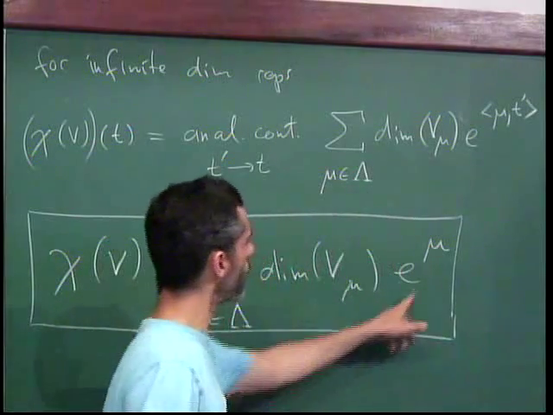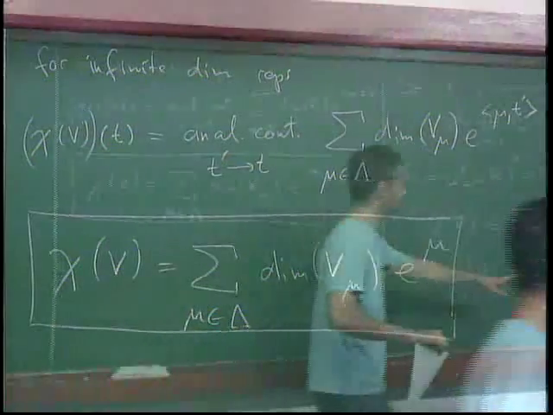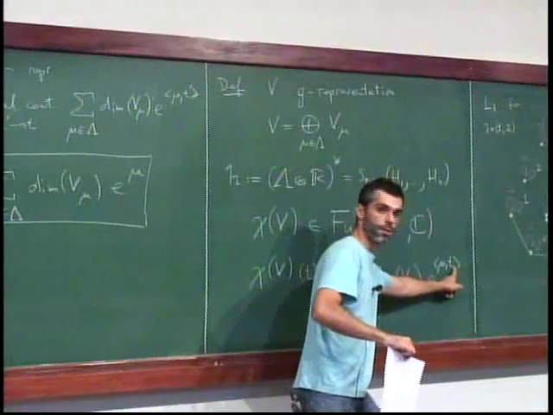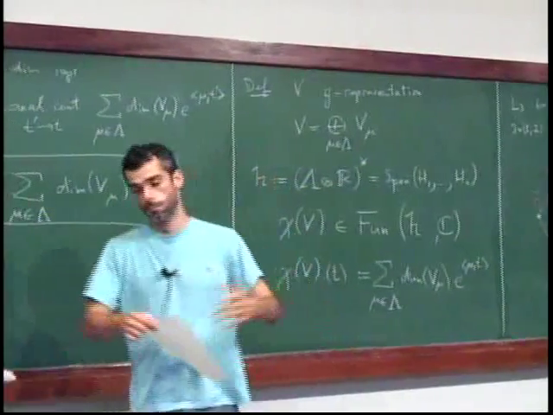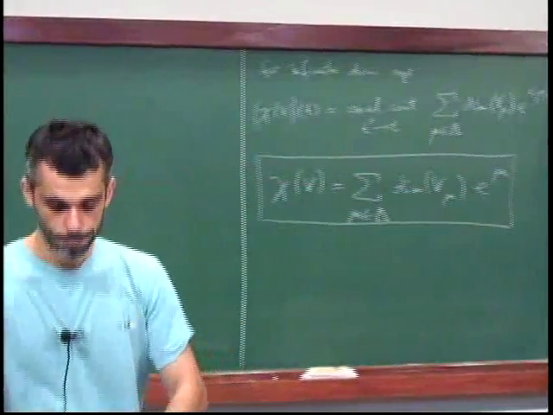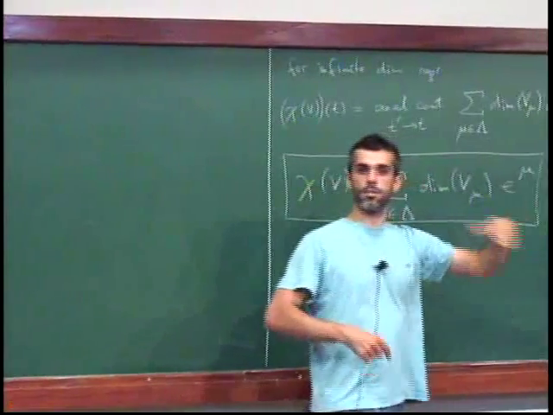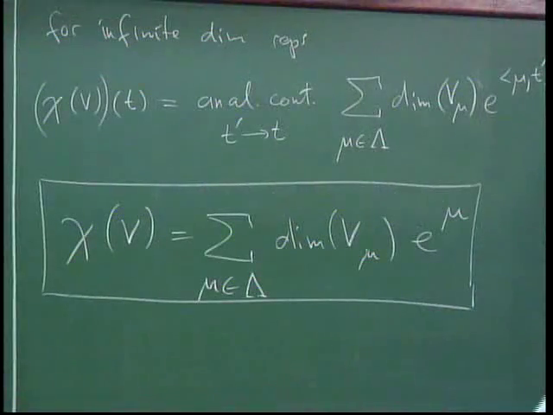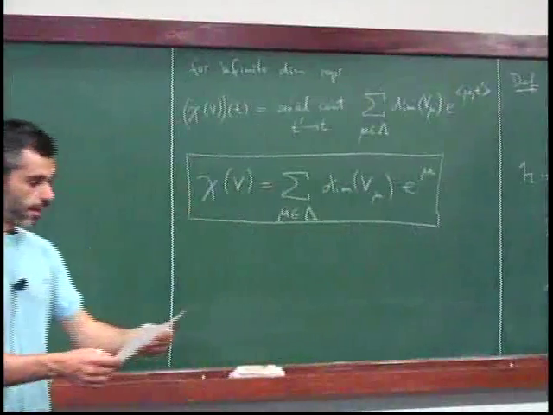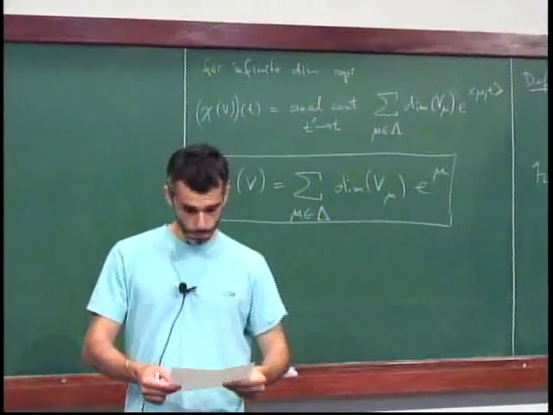I will just write e to the mu, or actually what I mean is this function e to the mu paired with t, where t is an element of this. And the good thing about this notation is that you can use it formally as if it's just exponentials and not worry about exactly how things look. It just works out. The notation is good notation.